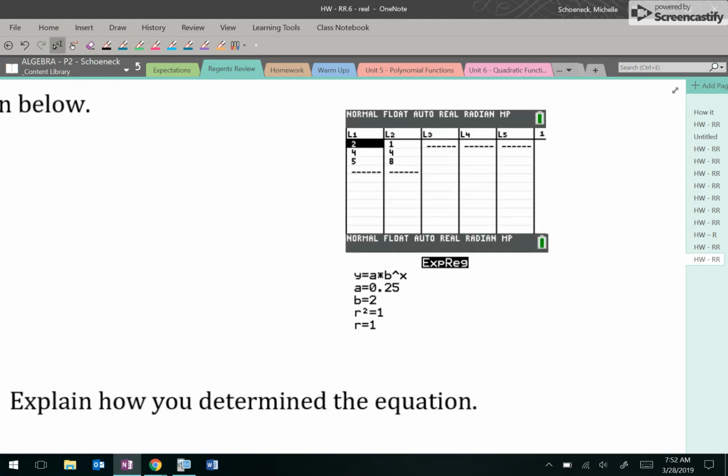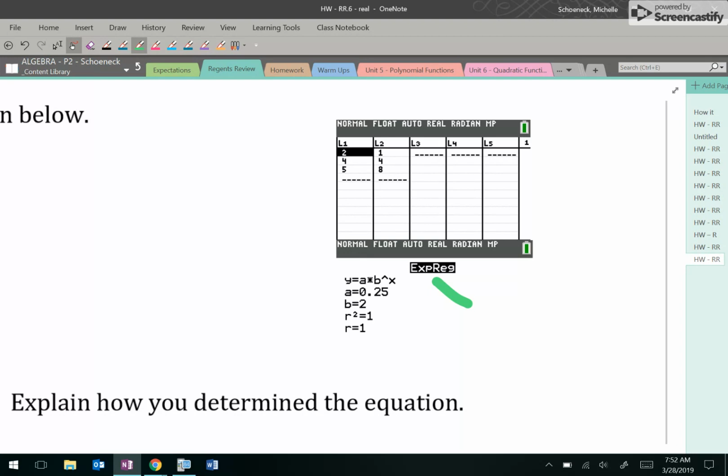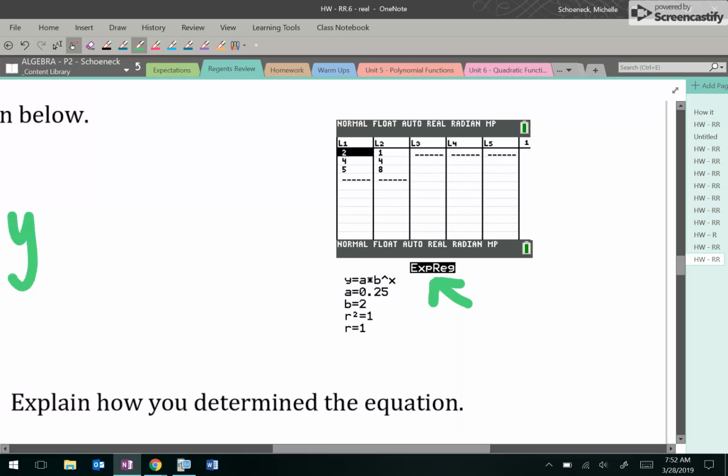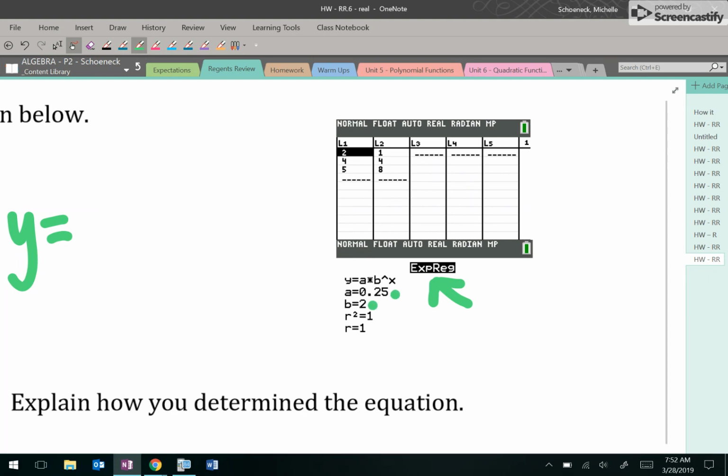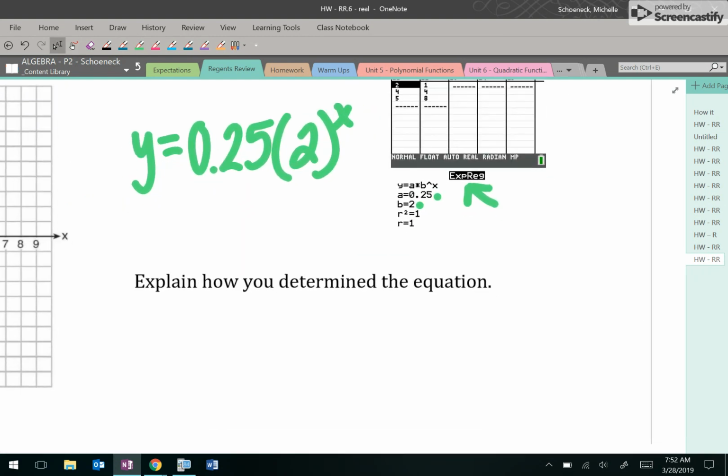So we're going to put it into our stat edit, and we are going to make sure that we run an exponential regression. And that tells me that my scale factor is 2, and my y-intercept is 0.25. So my equation is 0.25 times 2 to the x. And explain how you determine the equation.